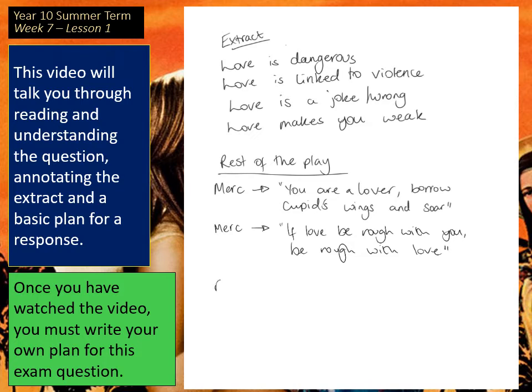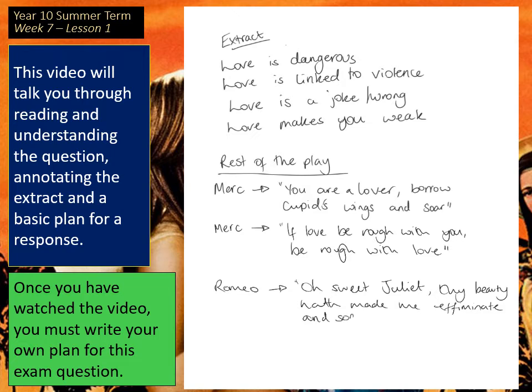For example, where Romeo, and this is a quotation we've looked at a lot, says, "Oh, sweet Juliet, thy beauty hath made me effeminate and softened valor's steel."